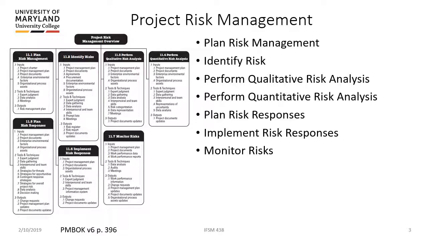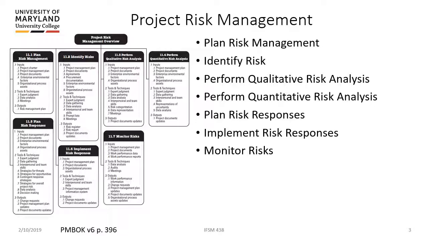But overall, we need to, as usual, plan our risk management. Nothing just happens. So we need to plan how we're going to do it. Then we need to actually get to it. We'll look at identifying risks and then ranking them qualitatively, which means most important first, and then doing a quantitative risk analysis, which means trying to figure out, what is it going to cost us?